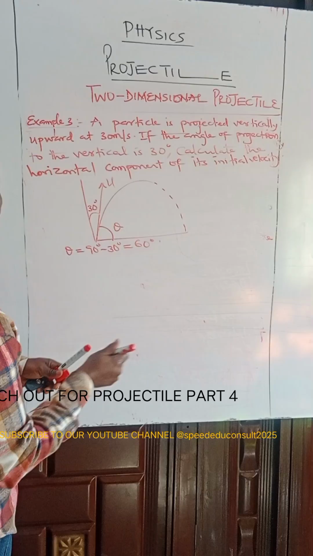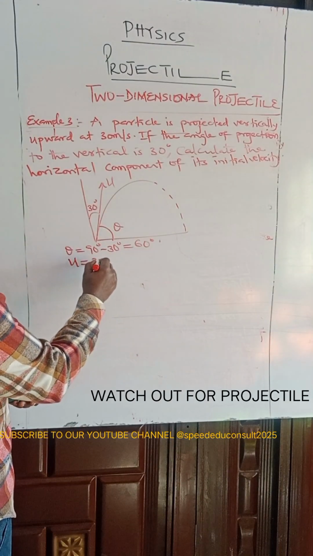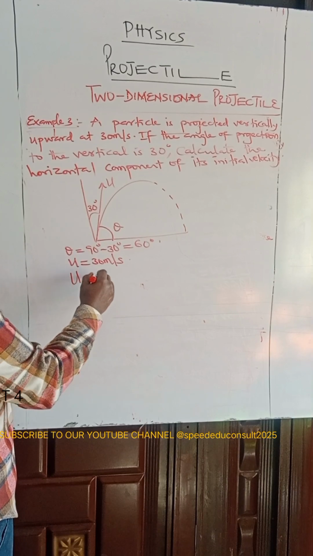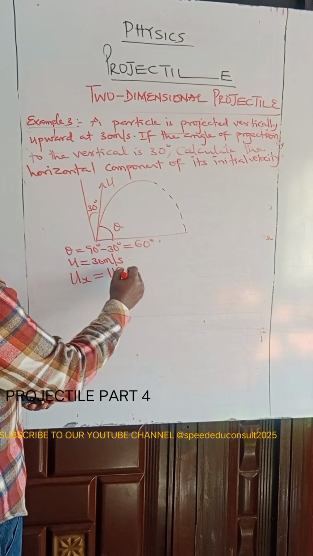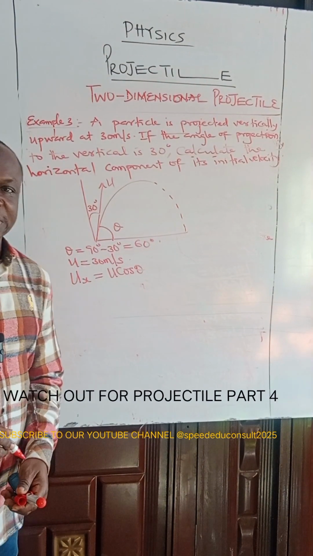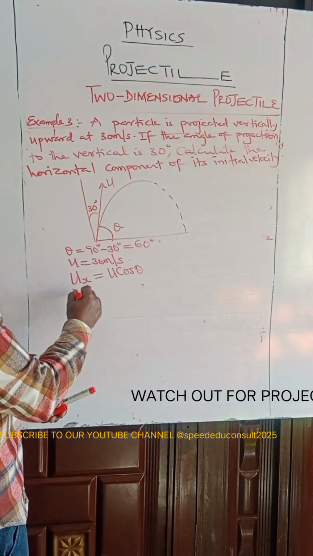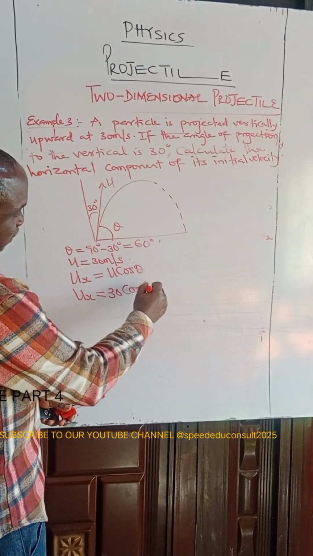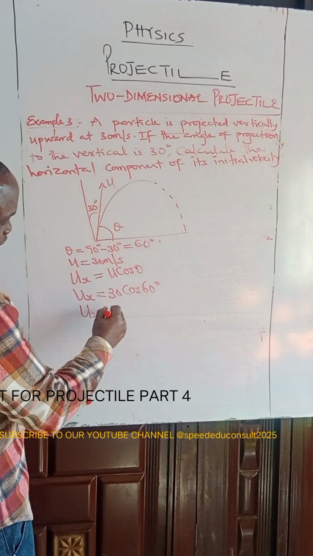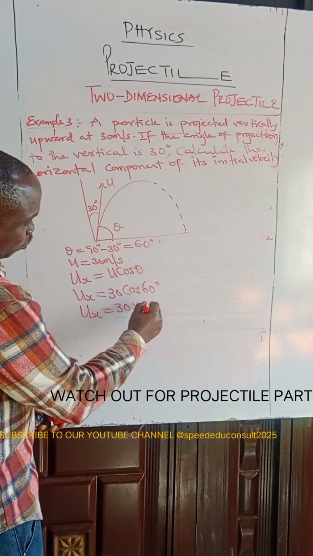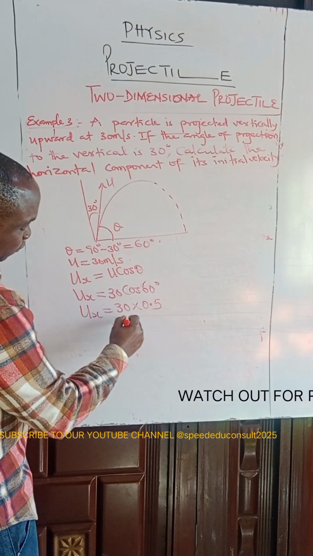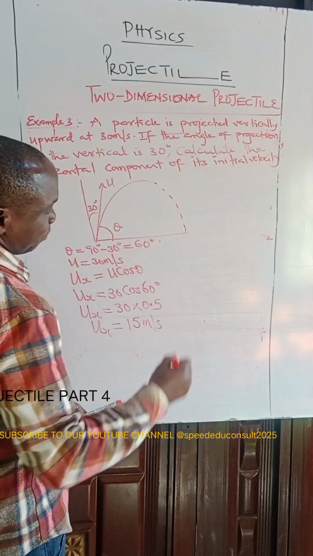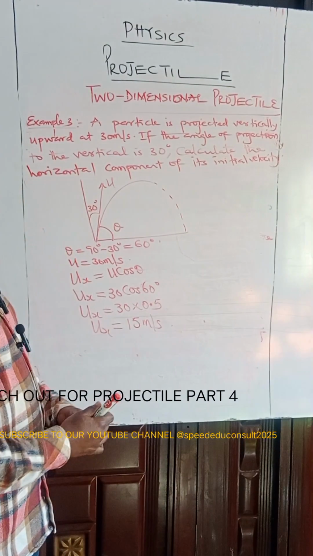And u is given to be 30 meter per second. You have to find the horizontal, ux, which is equal to u cos theta. So ux now is equal to 30 times 0.5. So it gives you 15 meter per second.